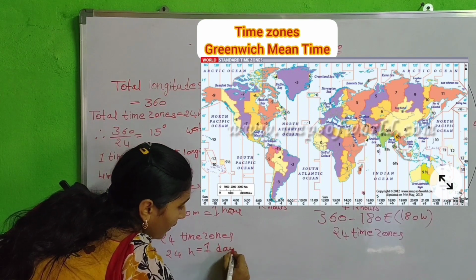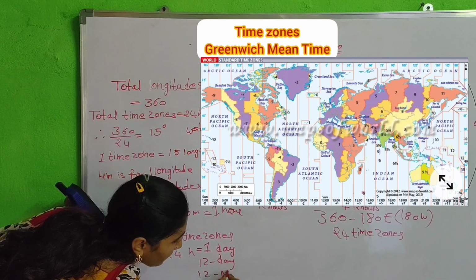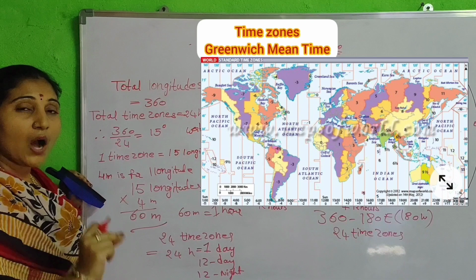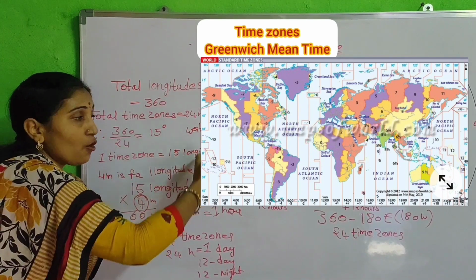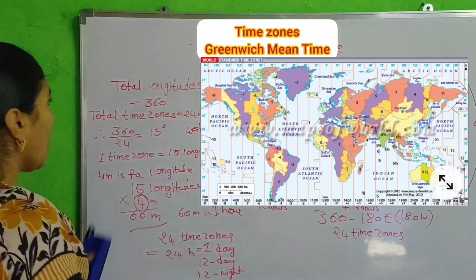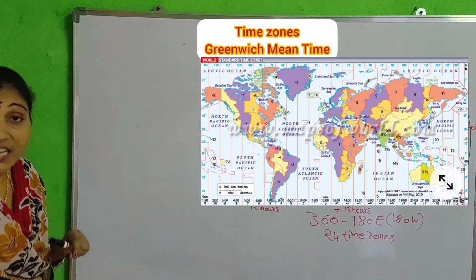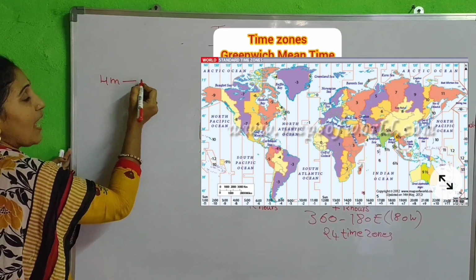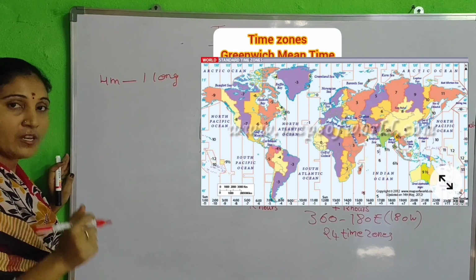1 day, in which there are 12 hours of day and 12 hours of night. Here you may get a doubt. How am I saying that it takes 4 minutes to travel from one longitude to another longitude? Students, you may get the doubt: what the teacher has told, that it takes 4 minutes to travel one longitude, how is it possible?